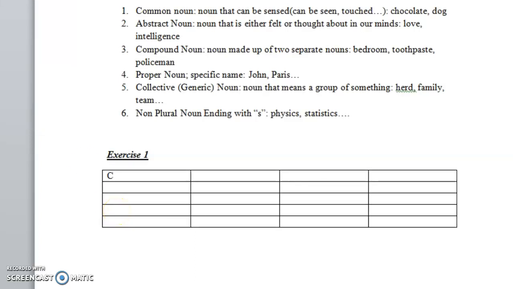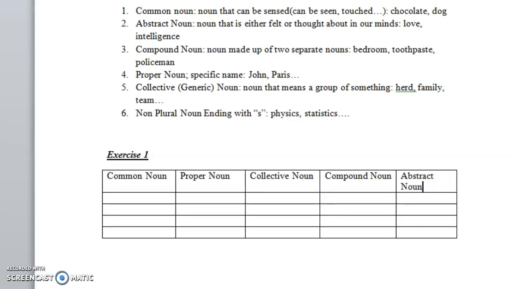Common noun, proper noun, collective noun, compound noun, and abstract noun.